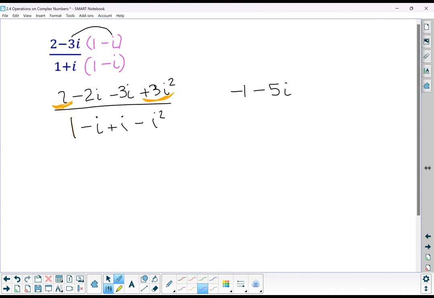These two do cancel out to add to 0. This is a tricky one. Sometimes people want the denominator to be 0, but this is 1 minus i squared, which is the same as 1 minus -1. So that denominator is actually the number 2. So our division result, our real part is -1/2, and our imaginary part is -5/2 i. That's our answer.